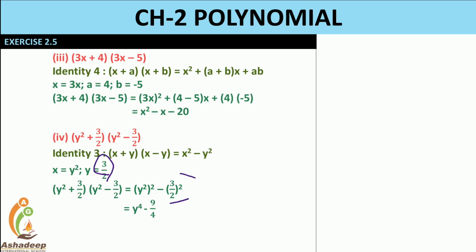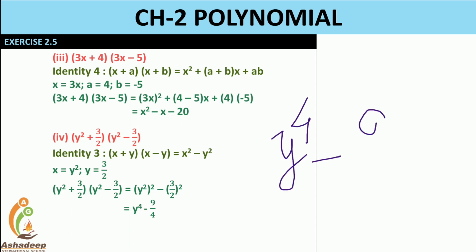So it is 3 by 2 whole square. The square of y square is nothing but y power 4. Square of 3 is 9, and square of 2 is 4. So answer is y to the power 4 minus 9 by 4.